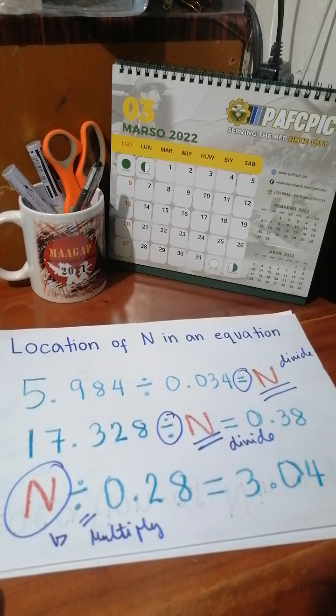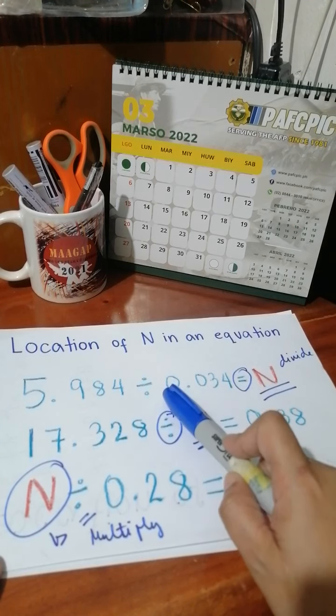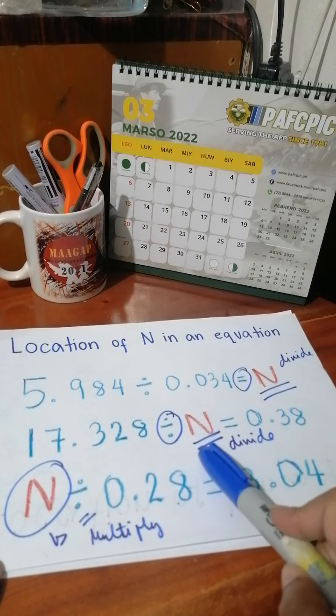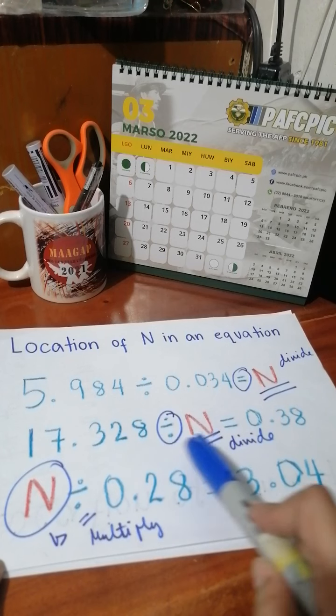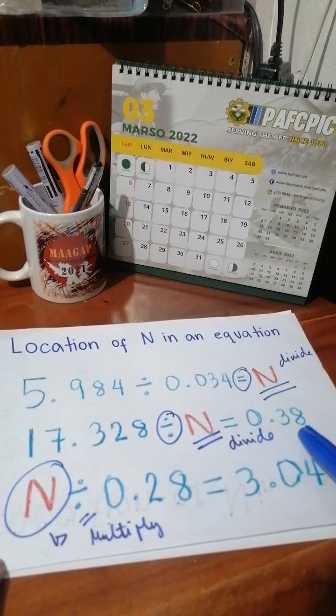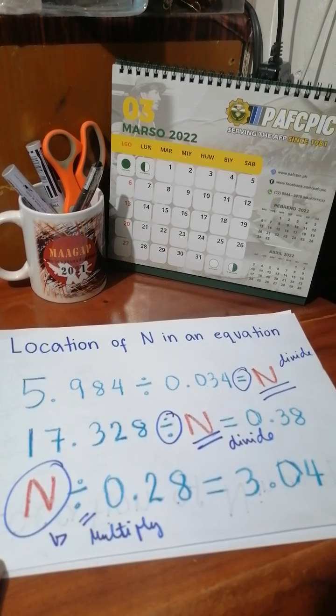Kapag yung n ay nasa hulihan, at ang division yung operation, ibig sabihin, i-divide mo pa rin siya. Pag yung n na hinahanap mo ay nasa gitna, at ang operation ay still division, ang gagamitin mo pa rin operation when you find the value of n is division.